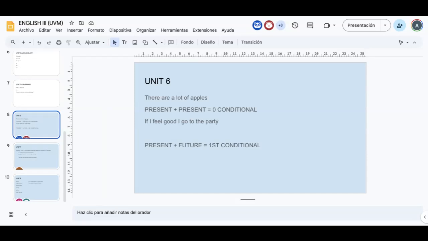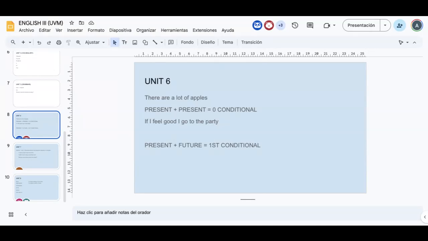So that's why zero conditional is kind of difficult to find in normal spoken speech, because usually we don't talk about these kinds of facts and obvious things. So zero conditional is for obvious things, facts, and things that are always true.